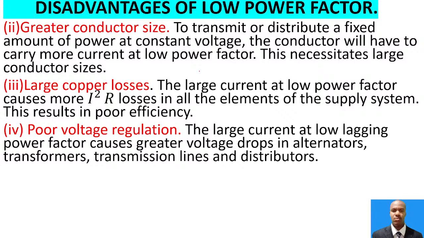So you can simply say that a low lagging power factor results in large current, which causes greater voltage drops in generators, transformers, and distribution or transmission lines, which leads to poor voltage regulation.